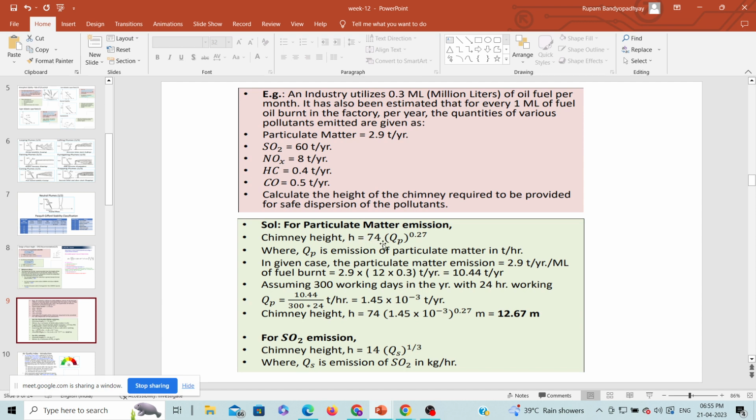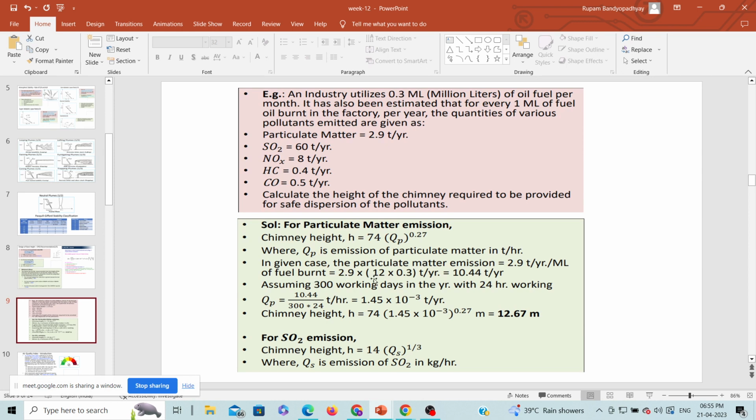This equation was given previously, and QP is in tons per hour. For 1 million liters these values are given. For 0.3 million liters per month, for 12 months it will be 12 into 0.3, that is 3.6 million liters.